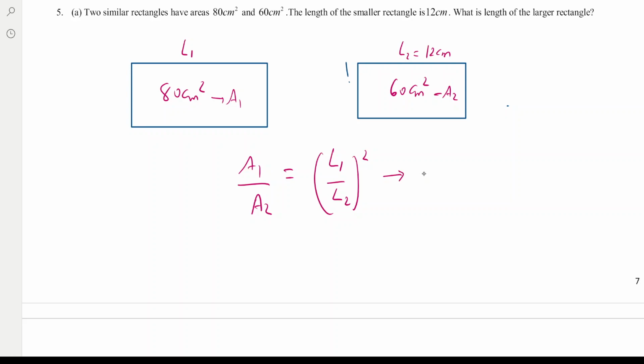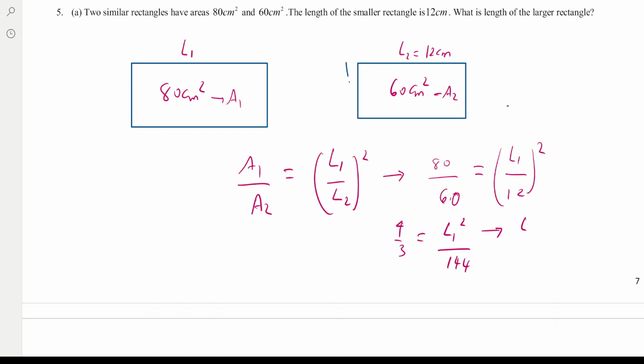And for our case now, we have A1, which is 80, divided by A2, which is 60, equals L1 over 12 squared. So you have now 4 over 3 equals L1 squared over 144.